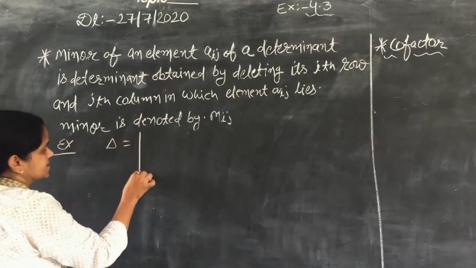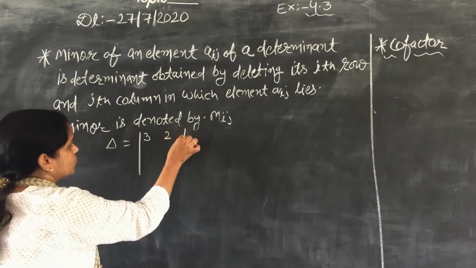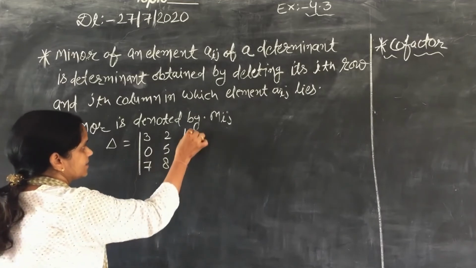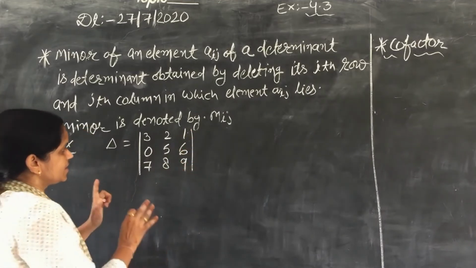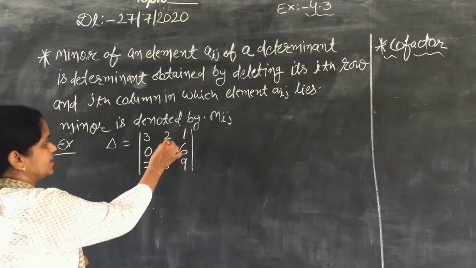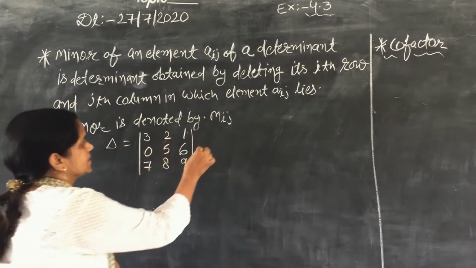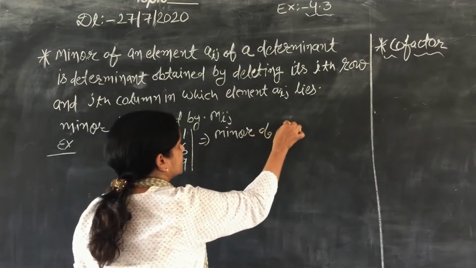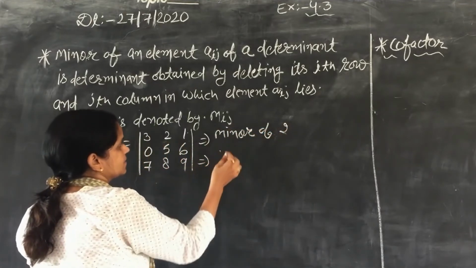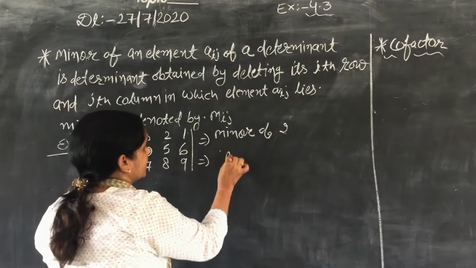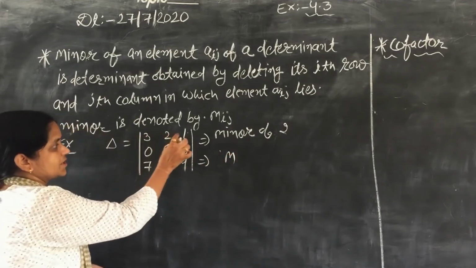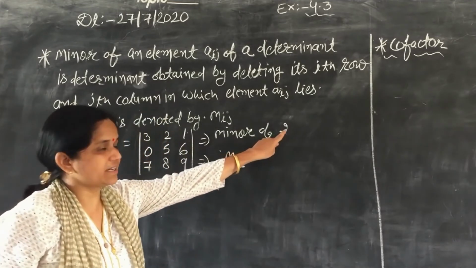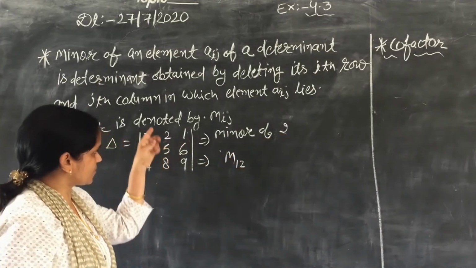Now students, take an example. Let the determinant be 3, 2, 1; 0, 5, 6; 7, 8, 9. We have to find the minor of element 2. Then the minor of 2 is M, students, first row, second column, M1,2. The element lies in the first row, second column.